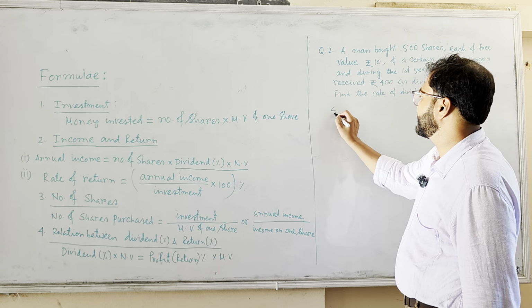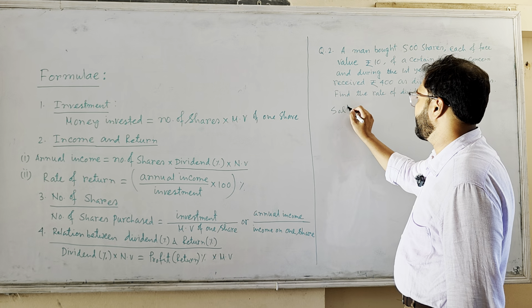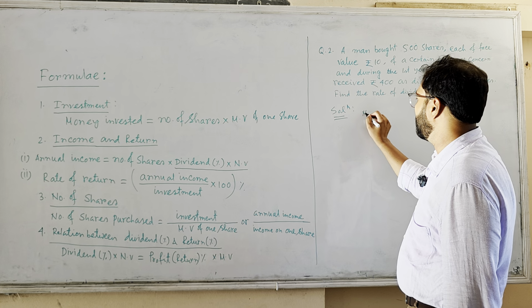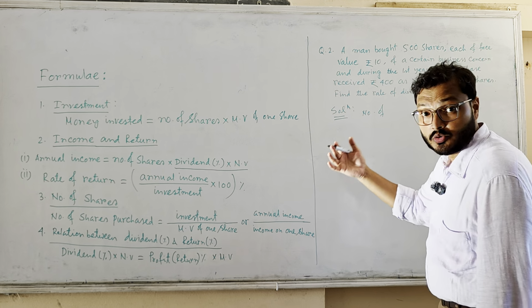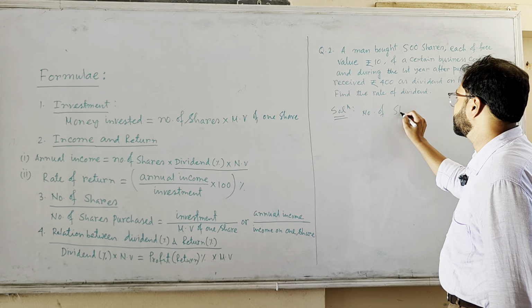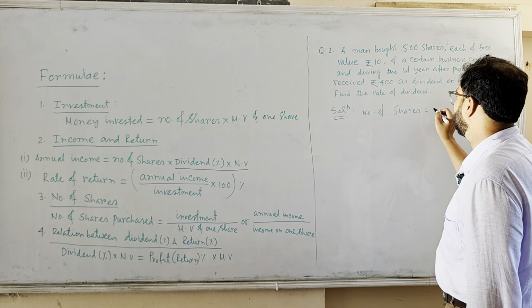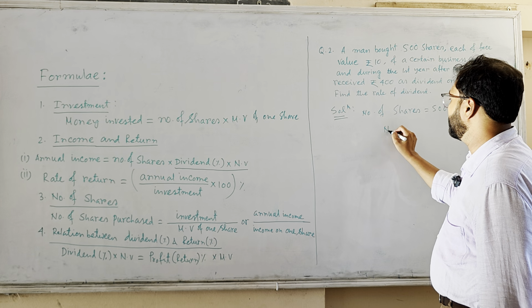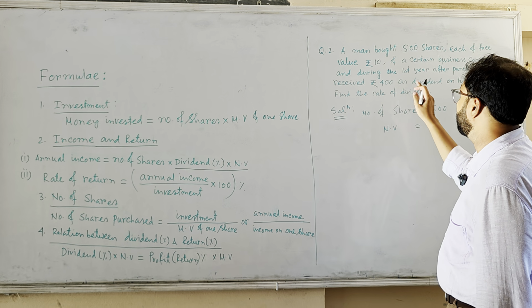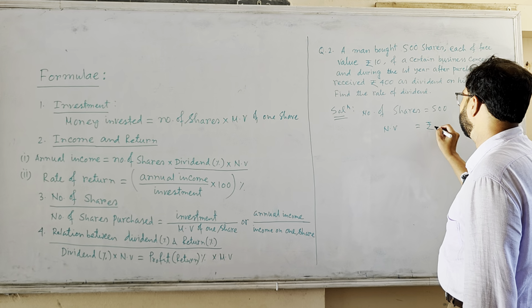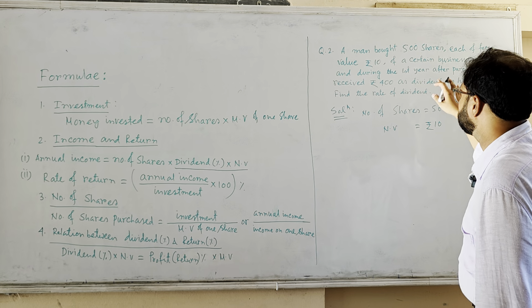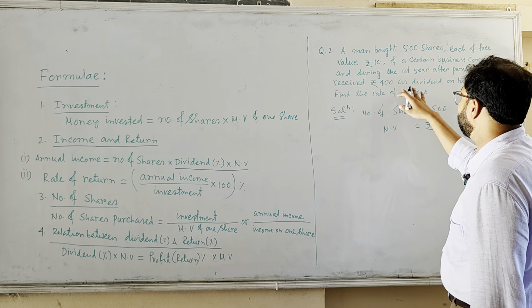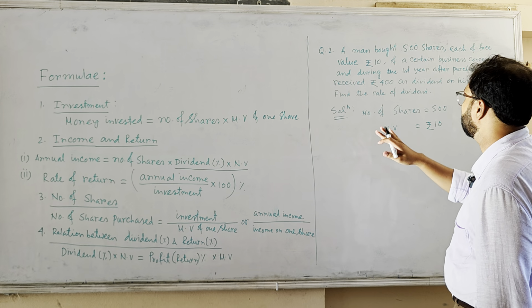First we write what is known to us: number of shares equal to 500. Then the nominal value is the face value, and here the market value is not given.